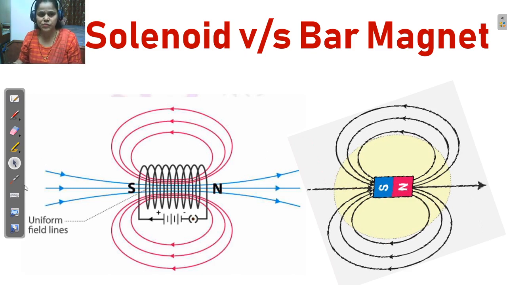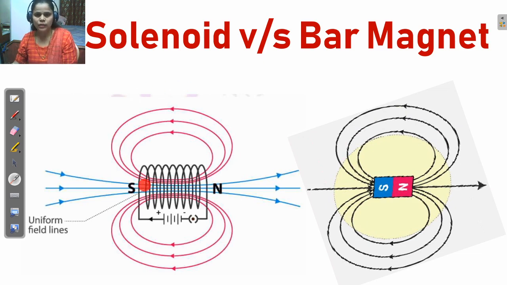If we keep a bar magnet the same as the solenoid, with the south pole and the north pole in the same places, then you can see the configuration and the direction of the magnetic field lines in the solenoid and in the bar magnet are the same.